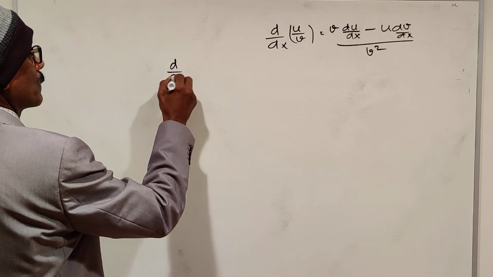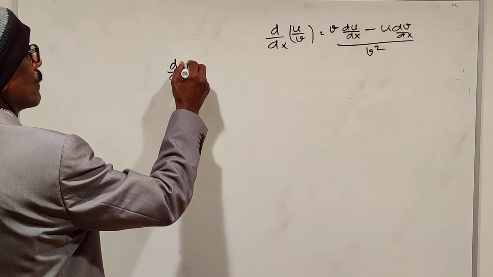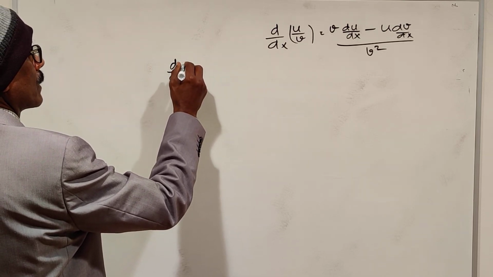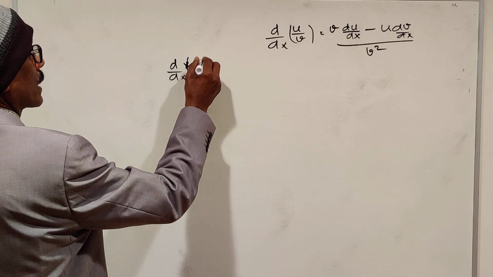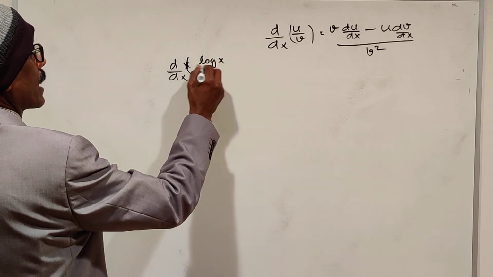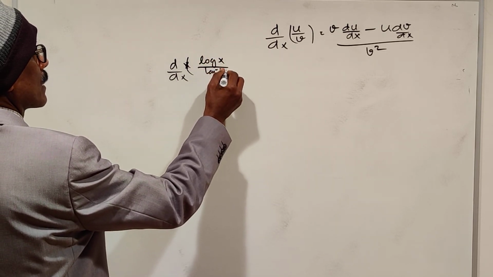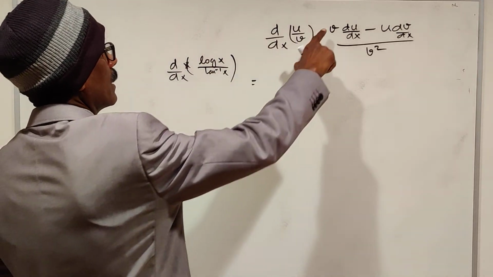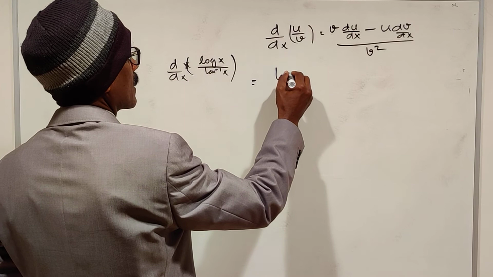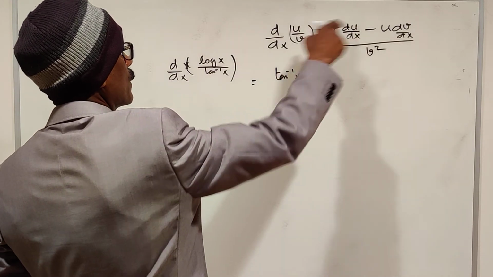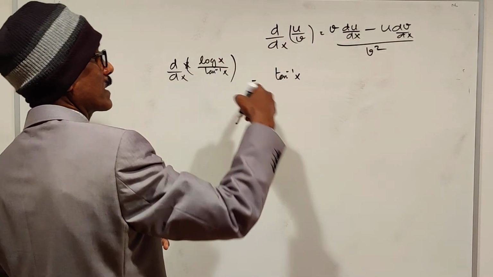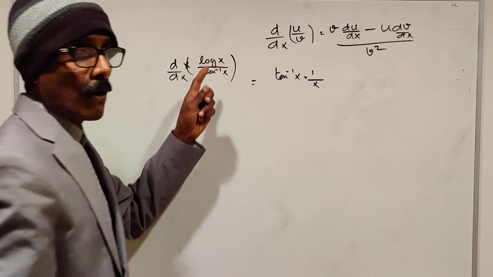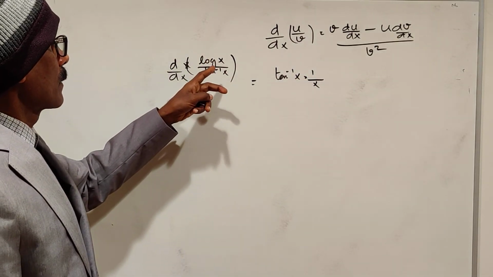D by dx of log x by tan inverse x. First, denominator tan inverse x into derivative of numerator log x. Derivative of log x is 1 by x. We derived all these formulas.